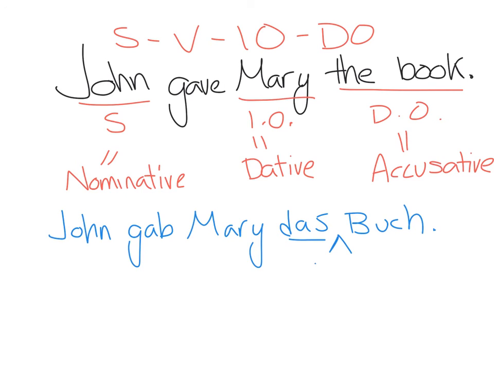So maybe it's das neu, and then I add my adjective ending. Das neue Buch, the new book. Or maybe it's das alte Buch. Whatever that adjective is would have to have an e ending because it's accusative and it comes after das.